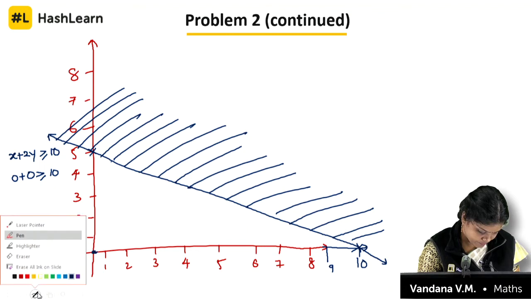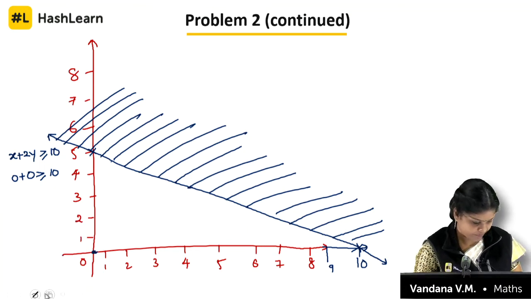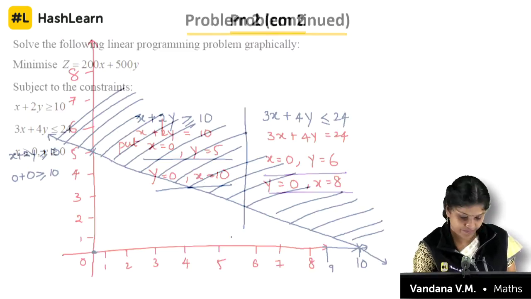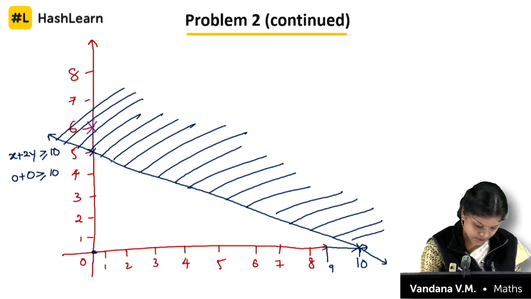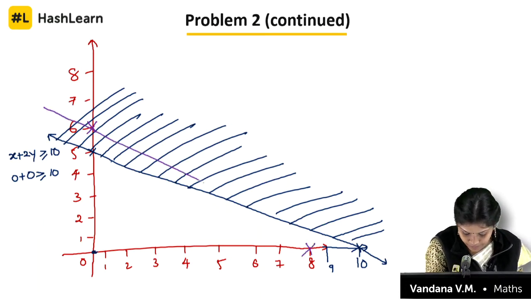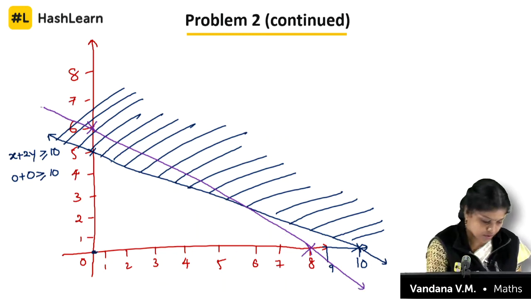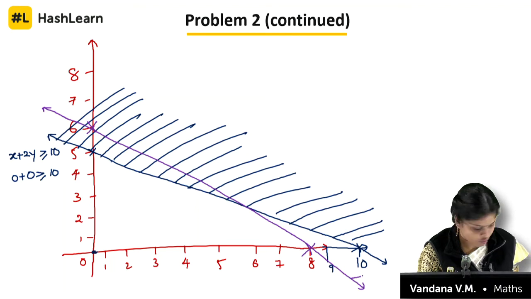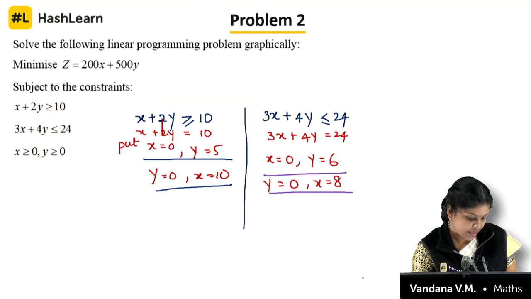Next one. 0 comma 6, 8 comma 0. This is the equation for 3x plus 4y less than or equal to 24.